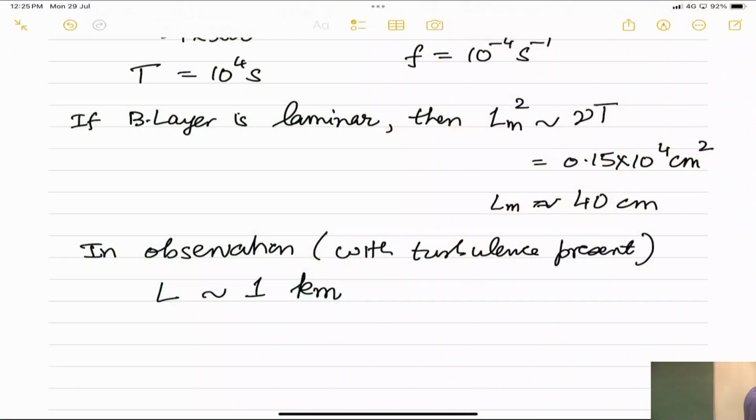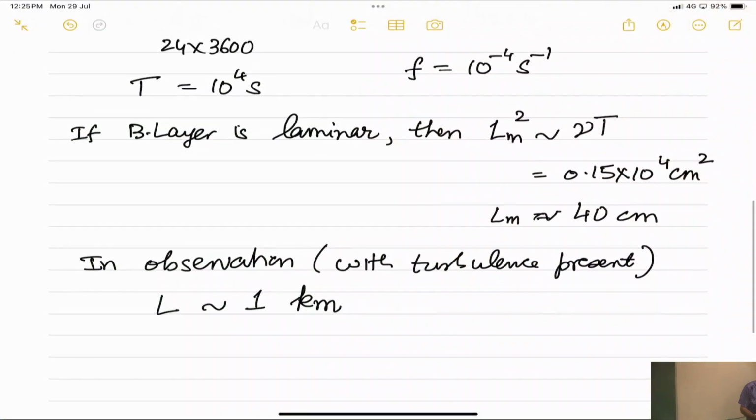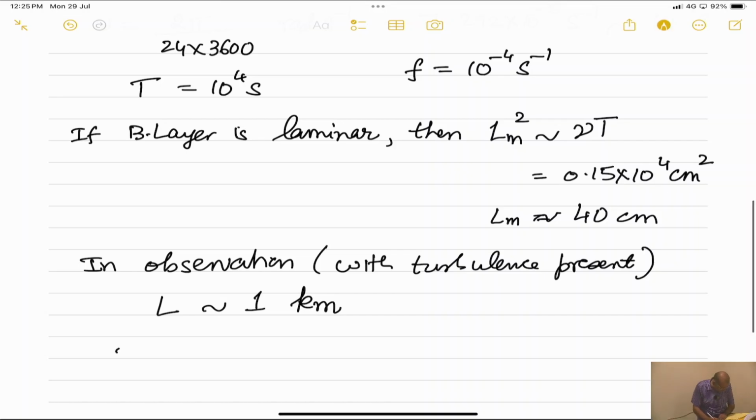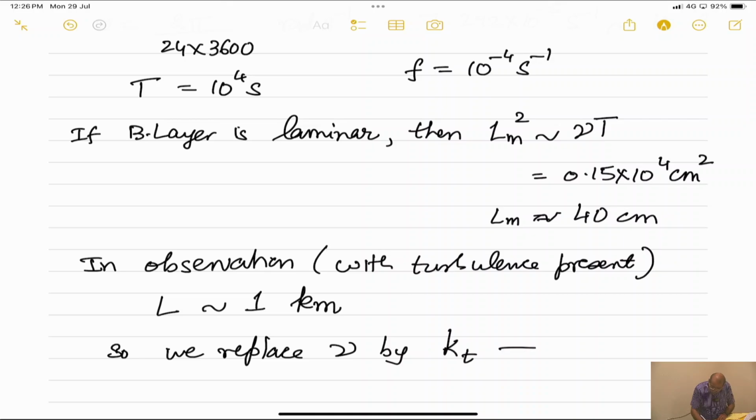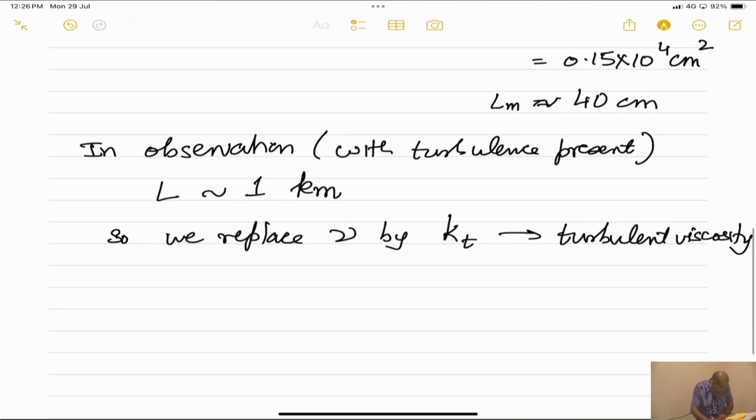Now eddy diffusivity we have so far not introduced, but we replace nu by k sub t, which we call the turbulent viscosity. And what we say is the turbulent length scale will go like kT times T.